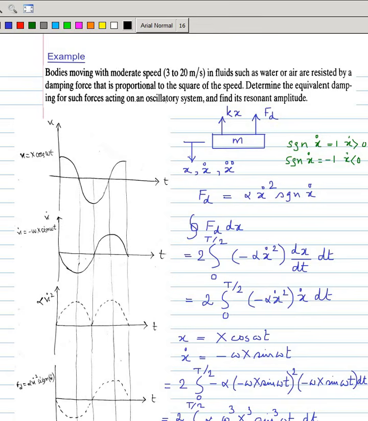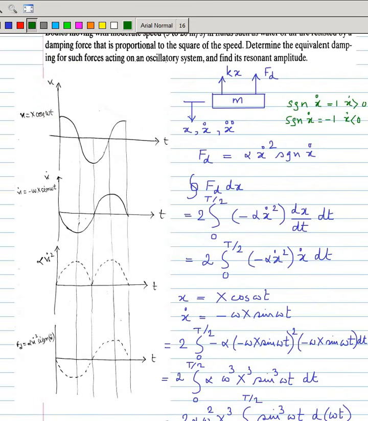So that means if this is x dot, FD is like this. This is actually alpha x dot square, because the negative part of x dot, when you square it, becomes positive.